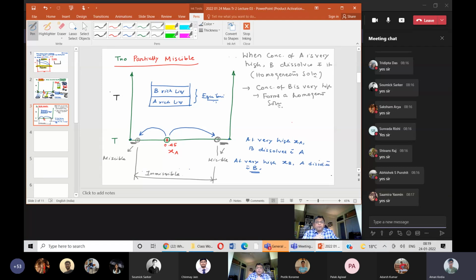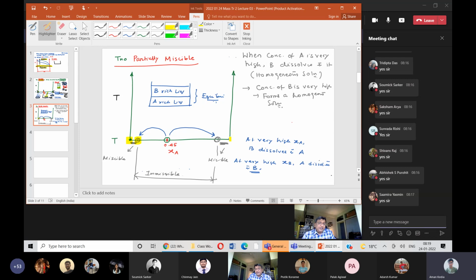And let's say these are the 2 points which are at this particular temperature, whatever that temperature be. So here we have a system where the concentration of B is very, very high, and from B equal to, or A equal to 0 to A equal to whatever value here, you get a homogeneous solution.